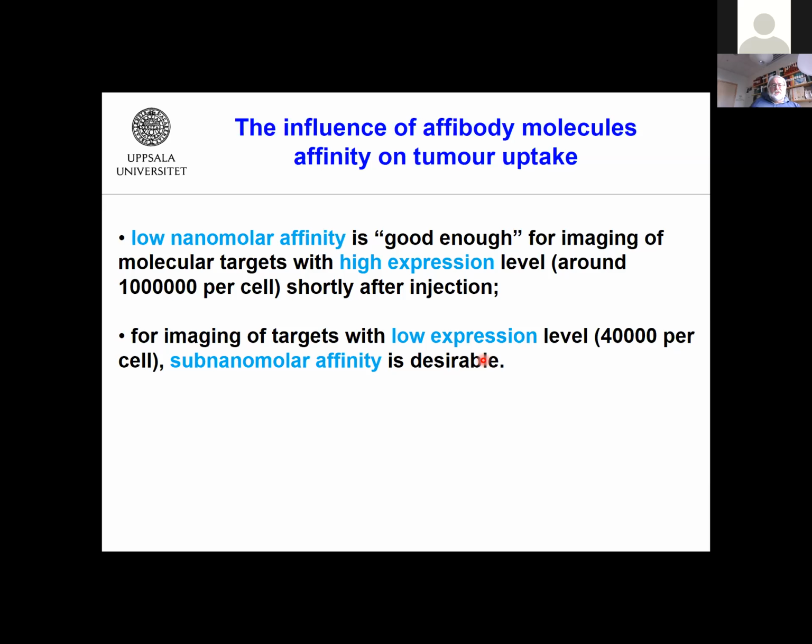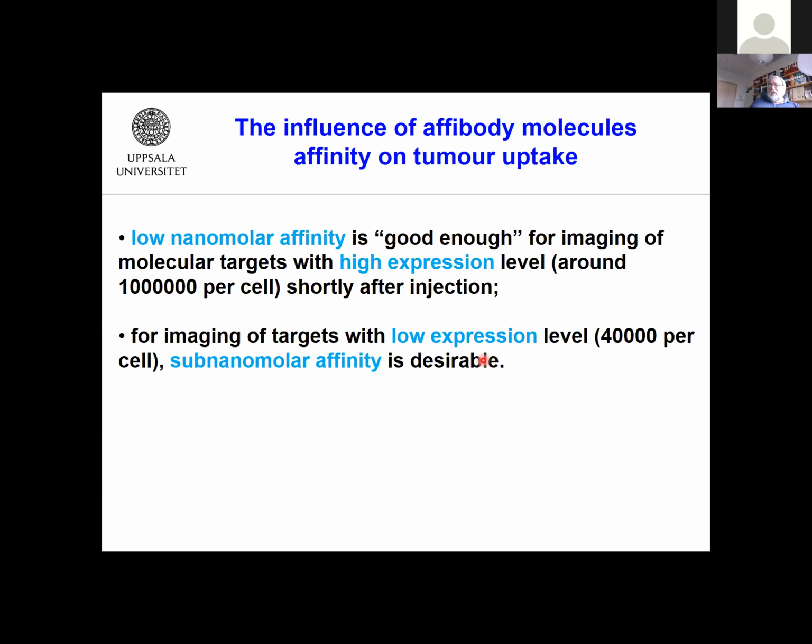If we need to image targets with low expression, 40,000 receptors per cell, we need to have subnanomolar affinity, in the picomolar range. And there are quite abundant targets which have that level of expression. For example, HER3 or insulin-like growth factor 1 receptor, which are responsible, for example, for resistance to trastuzumab.